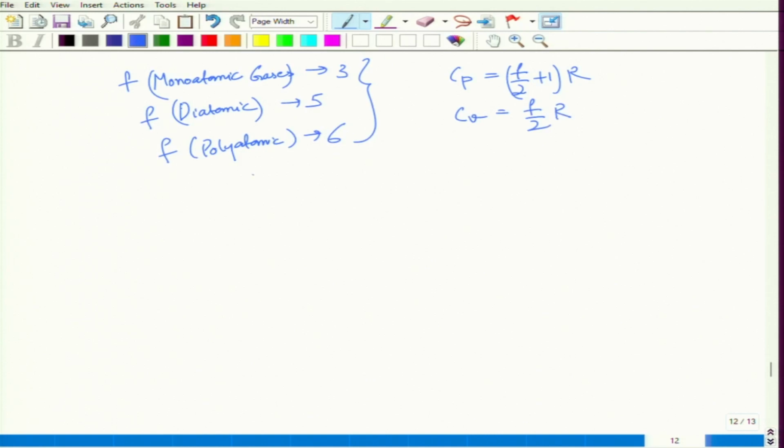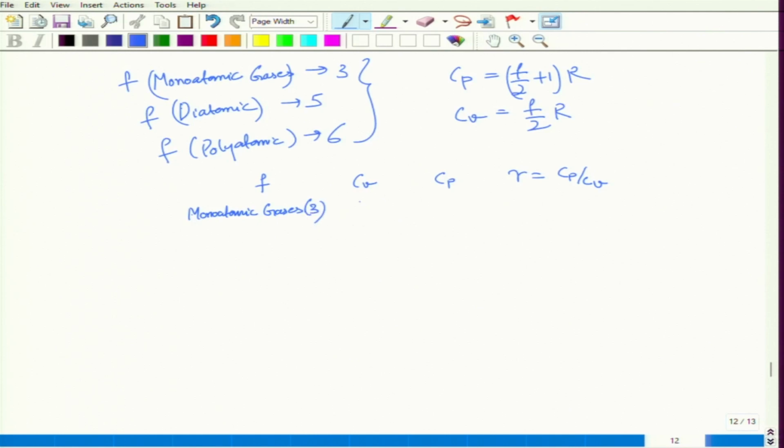So, let us make one table. Here we have degrees of freedom, Cv, Cp, and gamma, that is defined as Cp by Cv. For the case of monoatomic gases, degree of freedom is 3.